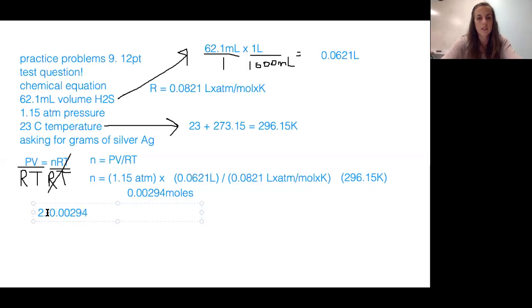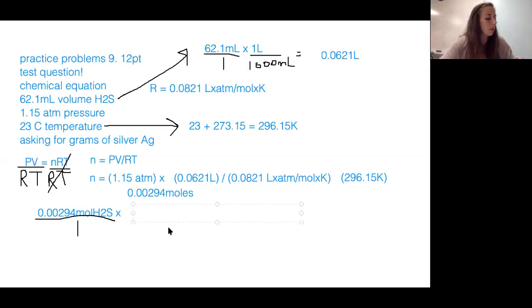Let me erase this so you don't get confused. Moles of H2S, and I'm gonna multiply that by a conversion factor, okay? So this is gonna be over 1. You guys know how to go from moles to moles. We've done this a million times.